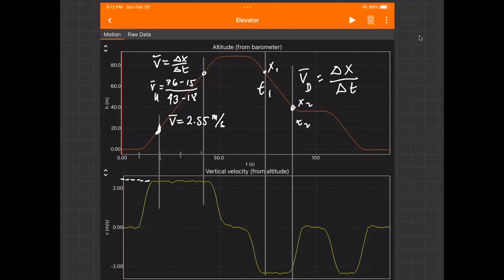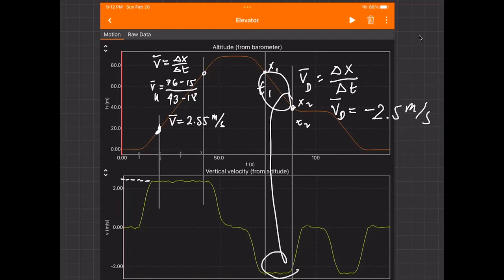It's going down, so you're going to expect that your average velocity is negative, and I actually got a value of around 2.5 meter per second, but that is negative. Look at this. This is 0, this is downward, negative. So that's how you analyze your motion from a graph.